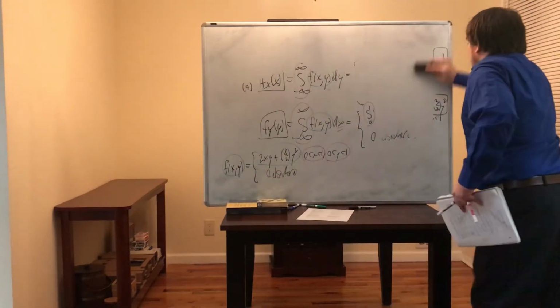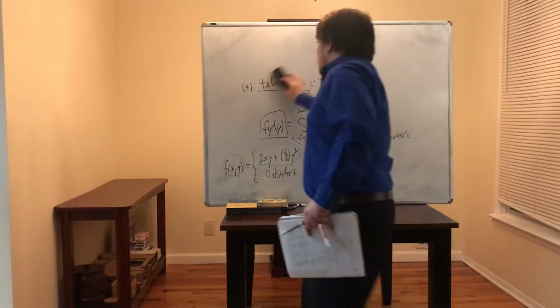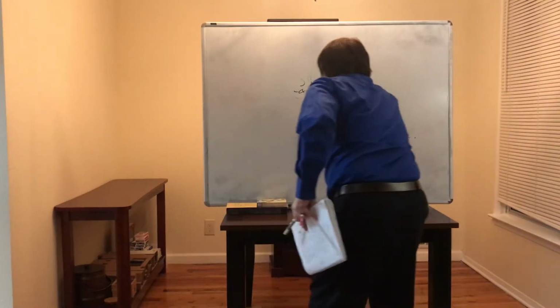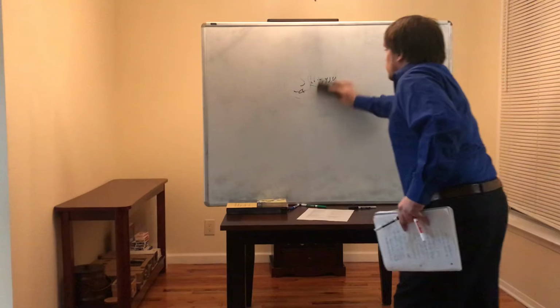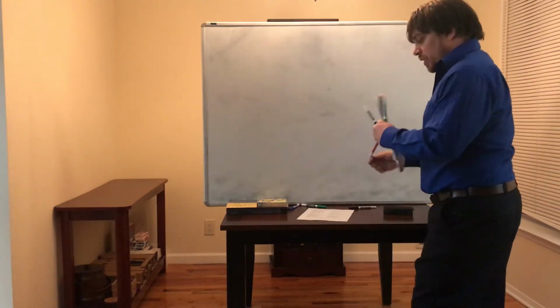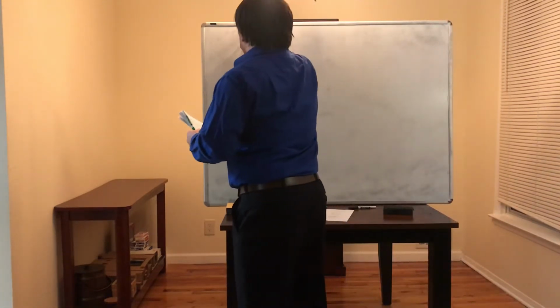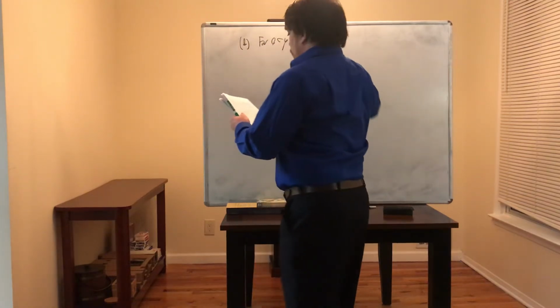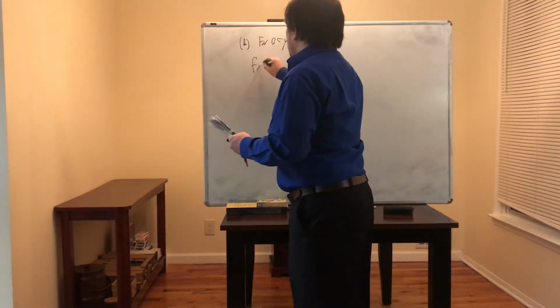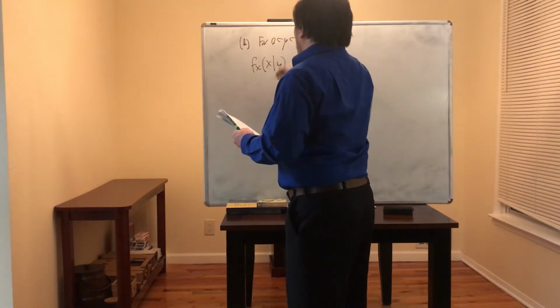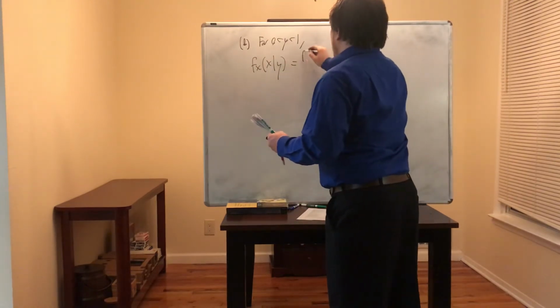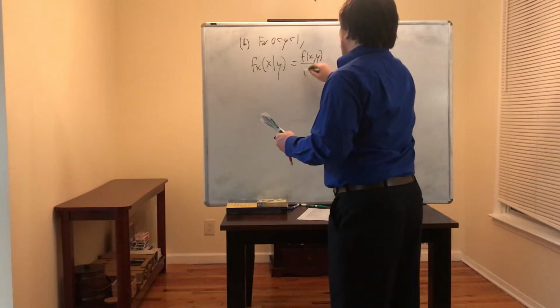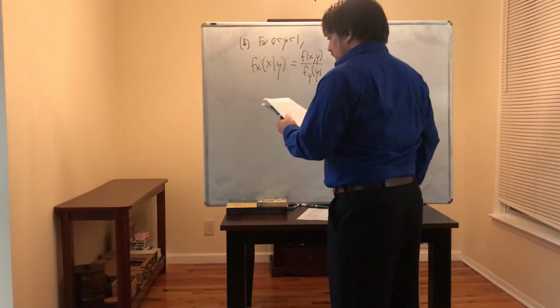Continue with the same example here for part B. For 0 less than y less than 1, if we want to find f sub x of x given y, it's equal to f of x comma y over f sub y of y.